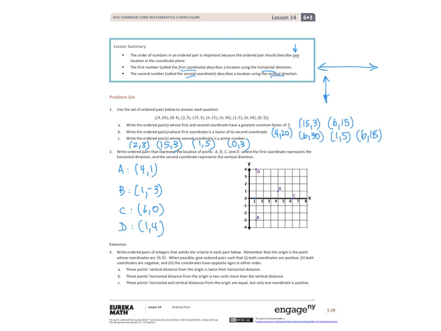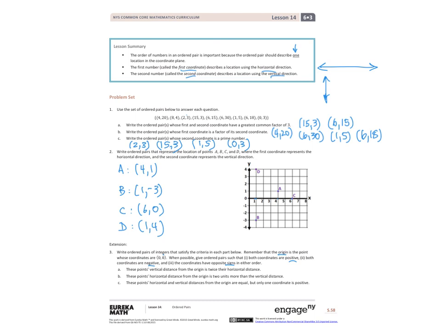How about 3? It says, write ordered pairs of integers that satisfy the criteria in each part below. Remember that the origin is the point whose coordinates are (0, 0). Got that? That's the origin. When possible, give ordered pairs such that both coordinates are positive, both coordinates are negative, and coordinates that have opposite signs in either order.